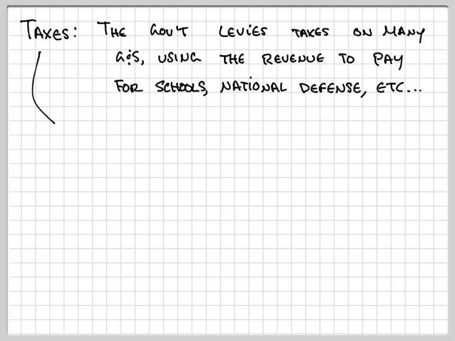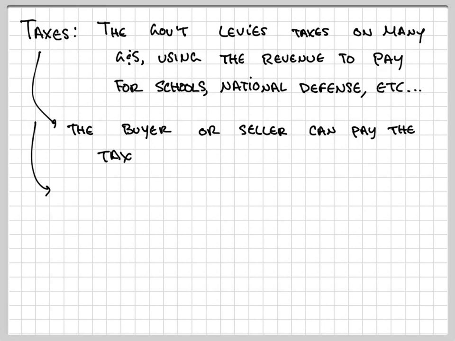And with taxes, the buyer or the seller can be made to pay the tax. So you can think about the tax as a percentage of the good's price or a specific amount for each good sold. And that's the type of tax that we're going to talk about.